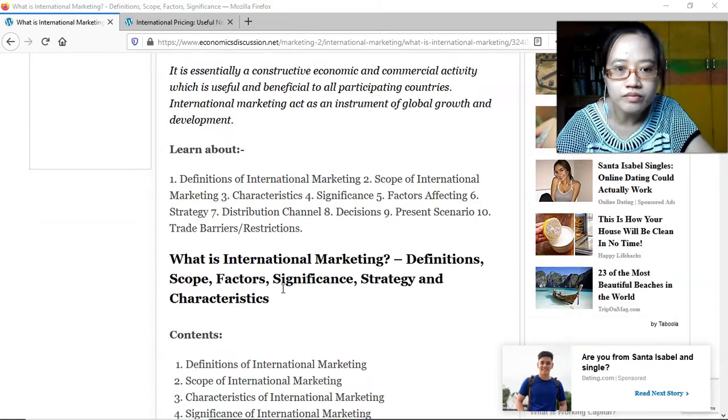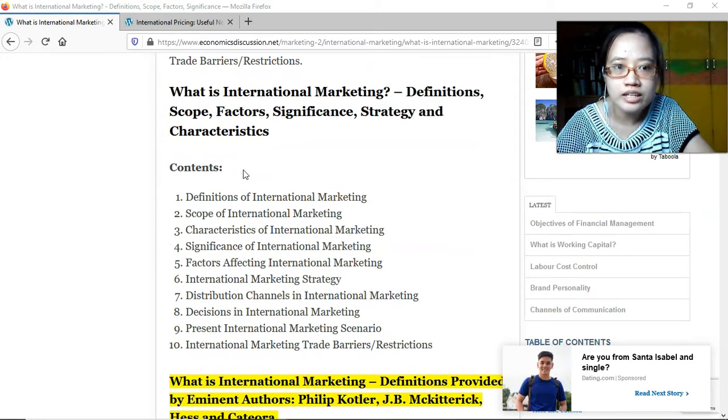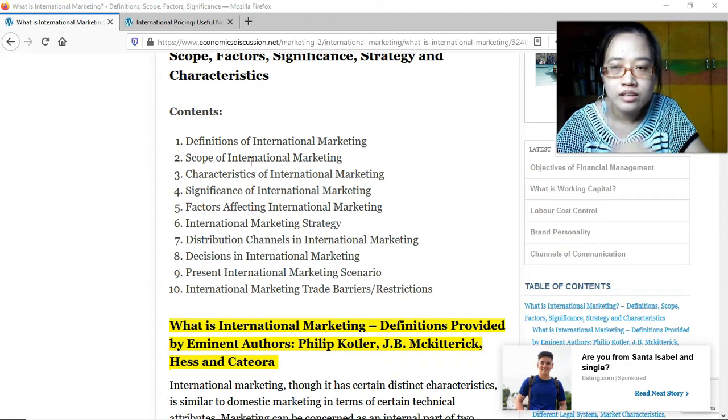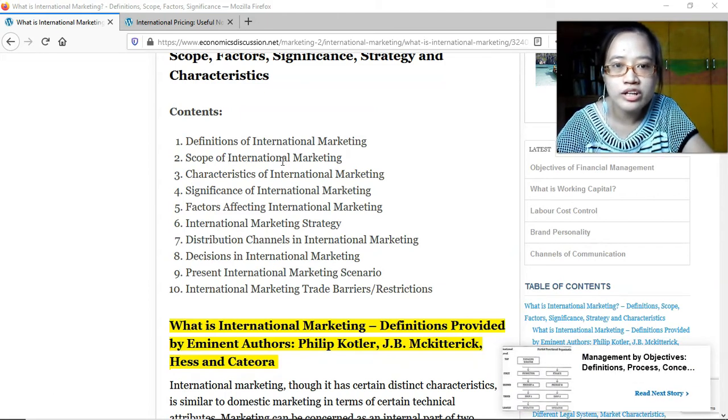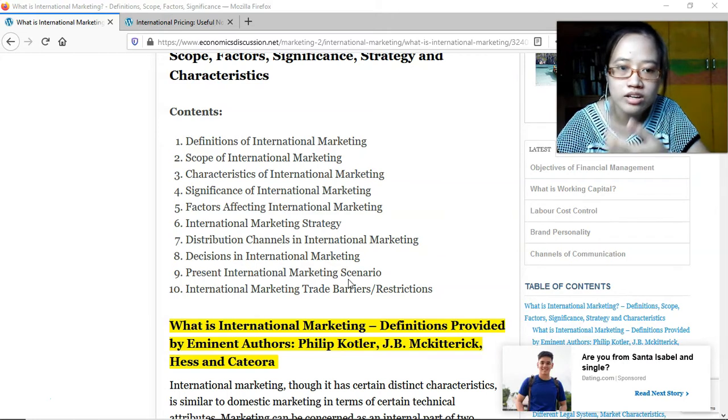So for the content of this article on international marketing, we have the following: definition, scope of international marketing, characteristics, significance, factors affecting international marketing strategy, distribution channels, decisions, and then the present international marketing scenario.